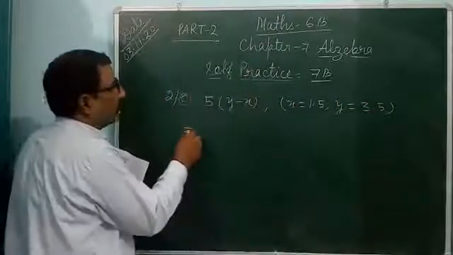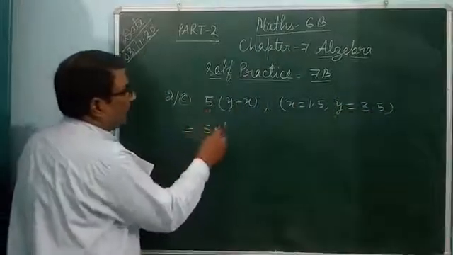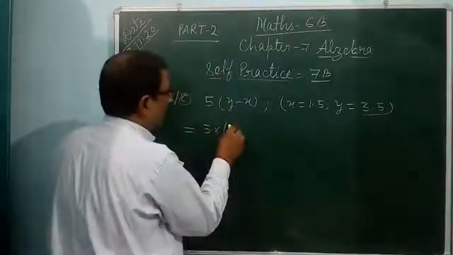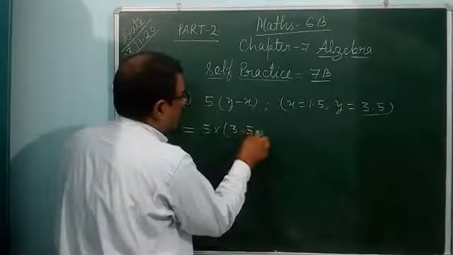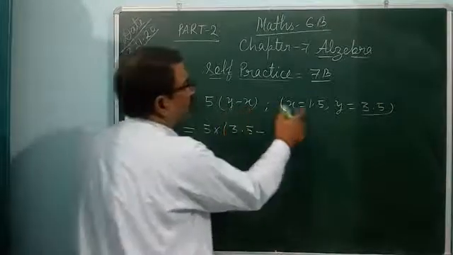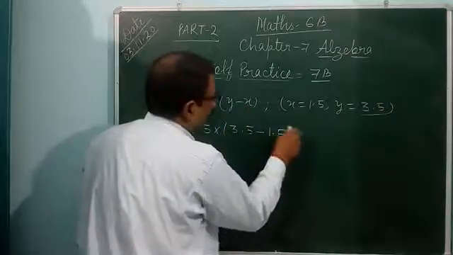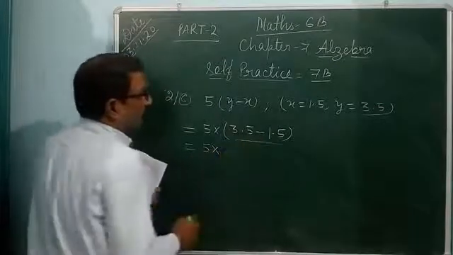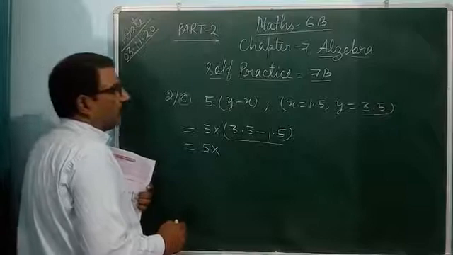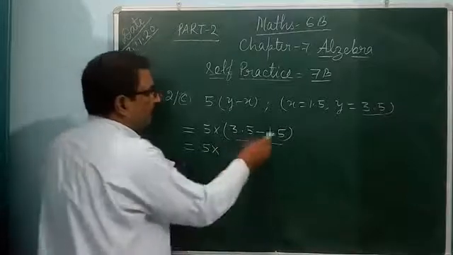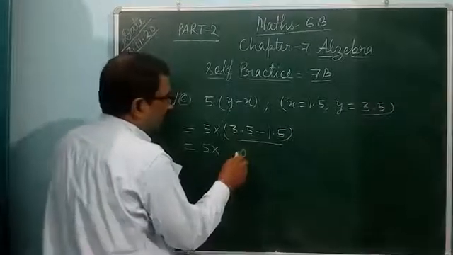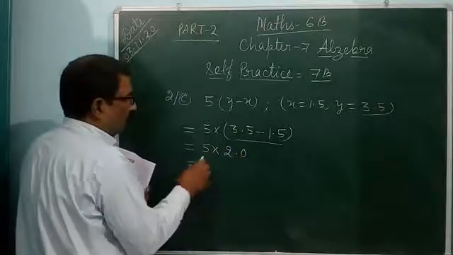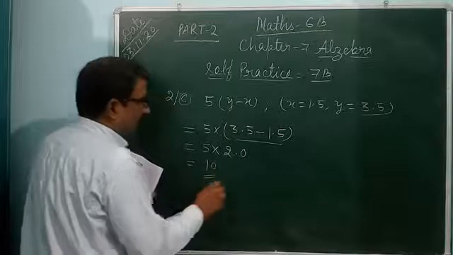Now you see 5 into y minus x. So firstly you write the value of y, 3.5, minus x, which is 1.5. After that 5 into; you do firstly this one, 3.5 minus 1.5. 5 minus 5 is 0, and 3 minus 1 is 2. 2.0 means 2. So 5 times 2 is 10. 10 is the answer.